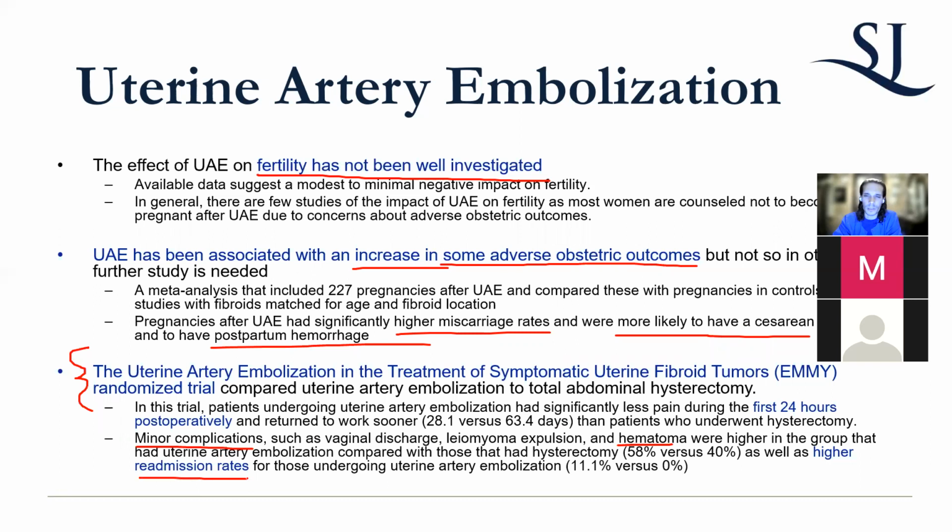Really, that's the thing you want to look at. Basically 11% versus none for a total abdominal hysterectomy, because you still have pain, you get a fever in the first 24 hours, because you still have a uterus that has to heal itself now. So that's why it makes sense on that basis.